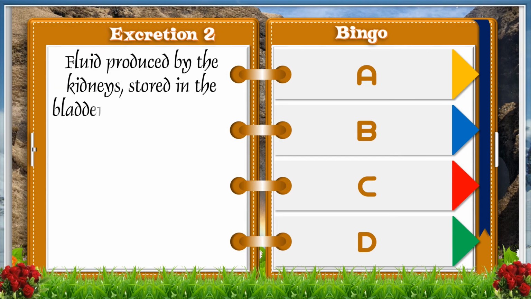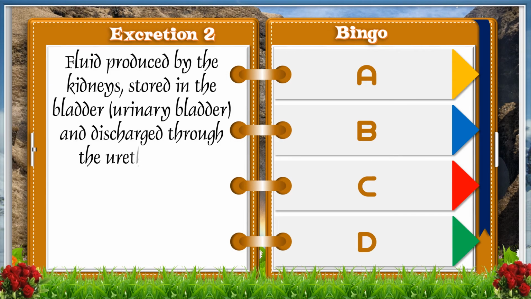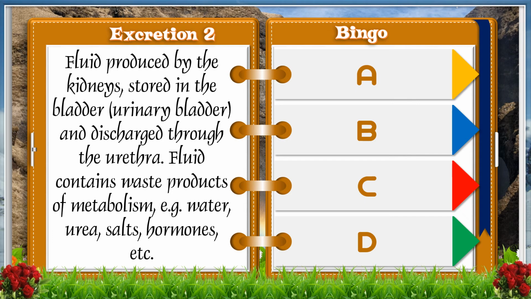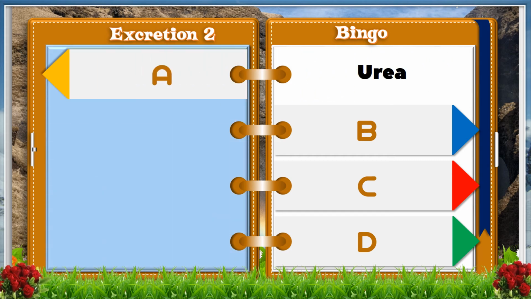Fluid produced by the kidneys, stored in the bladder, or what we call the urinary bladder, and discharged through the urethra. Fluid contains waste products of metabolism. For example, water, urea, salts, hormones, etc. A. Urea.